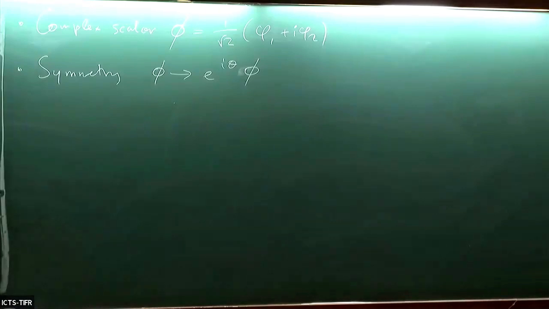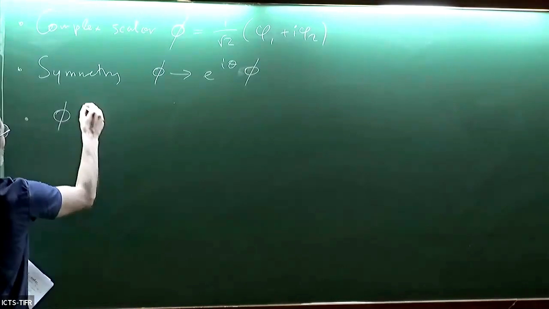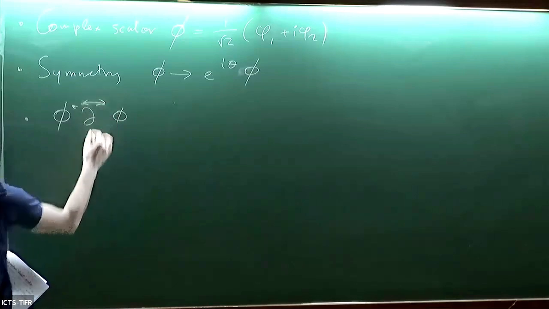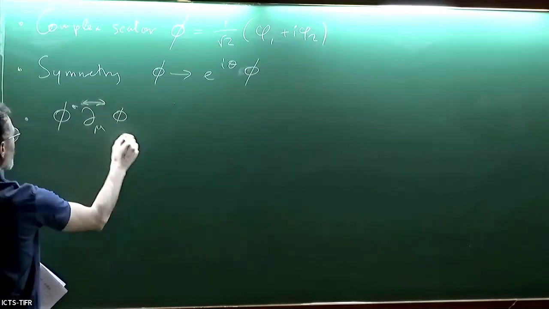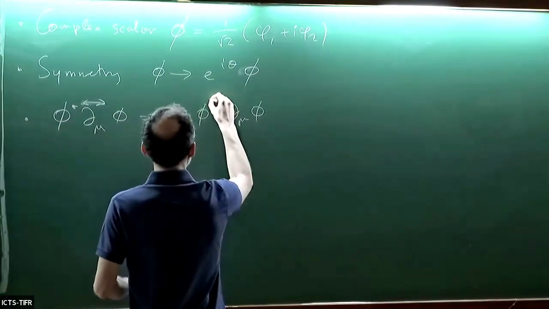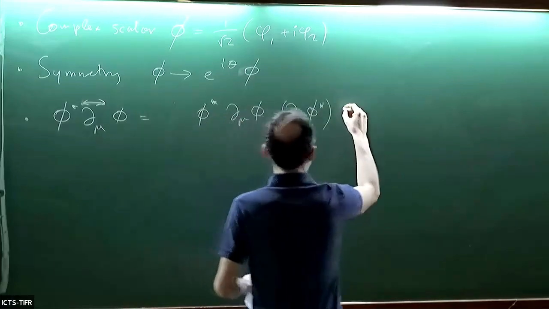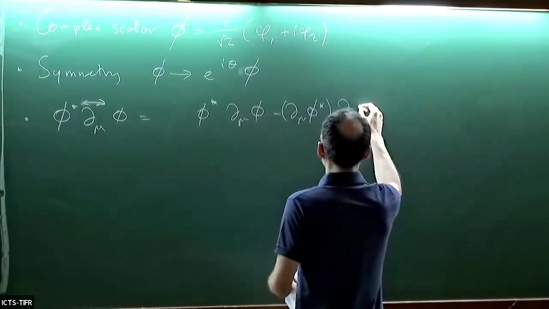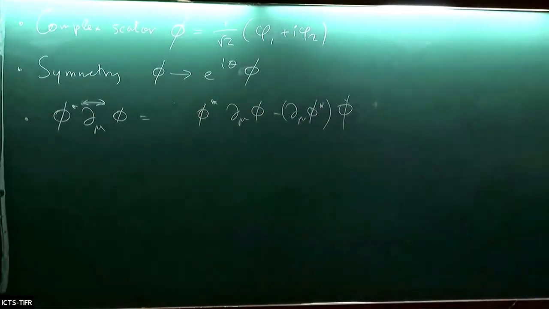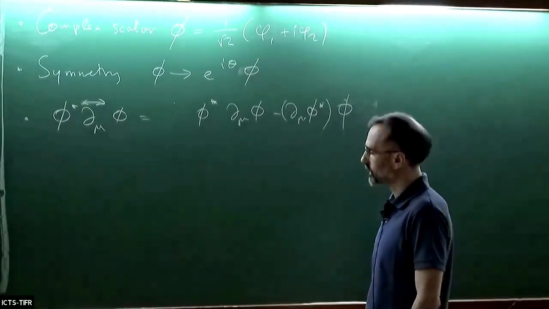And just one more notation thing, I'll use phi star phi and a partial derivative with an arrow left and right as the derivative acting first on the left and then on the right with a minus sign. Not sure if you're familiar with the notation, but it's easy to find.